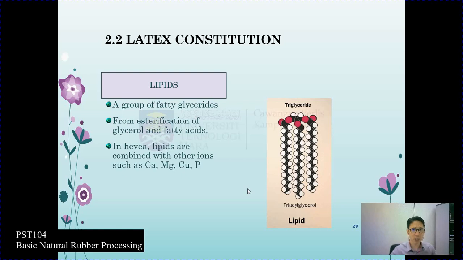A group of fatty glycerides, from esterification of glycerol and fatty acid. Here lipids are combined with other ions such as calcium, magnesium, and phosphorus itself. Okay, this is the structure of the lipid, which is triglycerol.